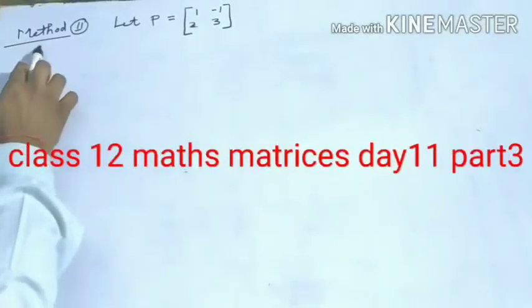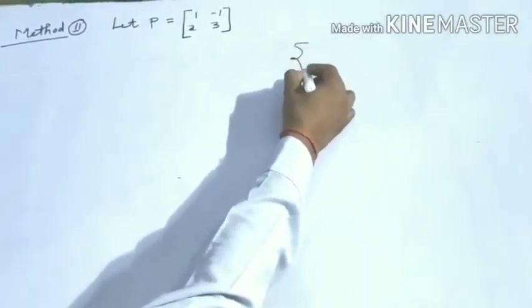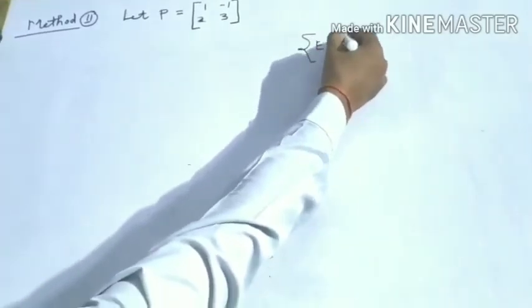Now here you have to see, this is the second method for finding the inverse of problem 1. Let P equal to this, and here we are going to use elementary column transformation.